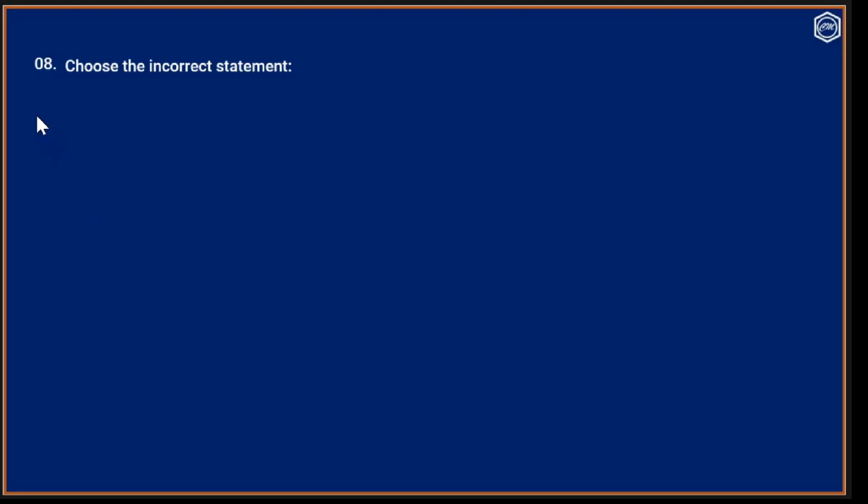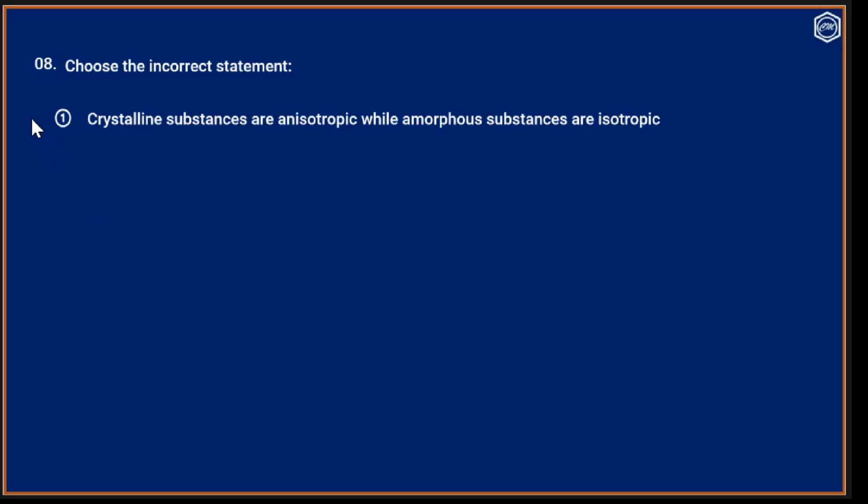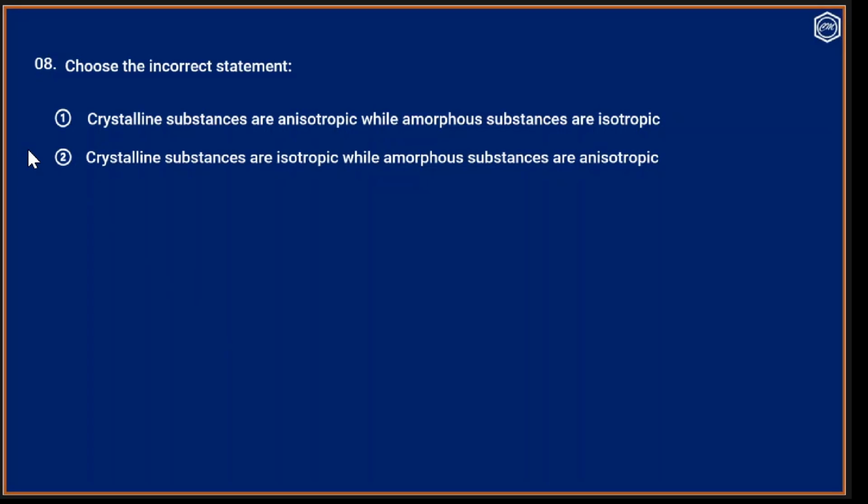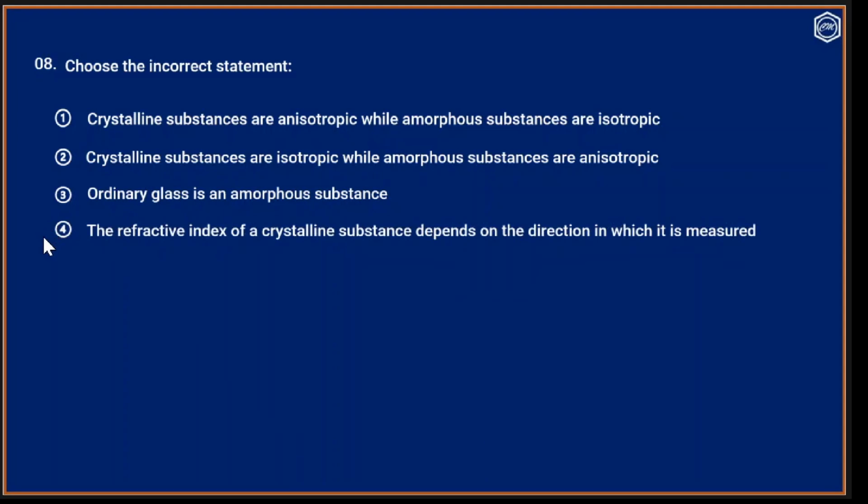Choose the incorrect statement. 1. Crystalline substances are anisotropic, while amorphous substances are isotropic. 2. Crystalline substances are isotropic, while amorphous substances are anisotropic. 3. Ordinary glass is an amorphous substance. 4. Refractive index of a crystalline substance depends on the direction in which it is measured.